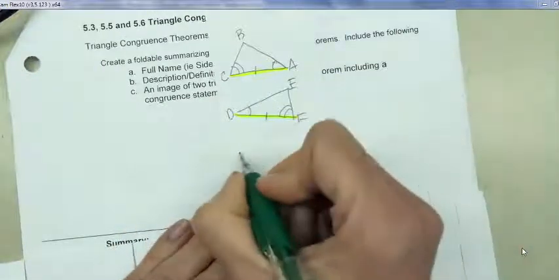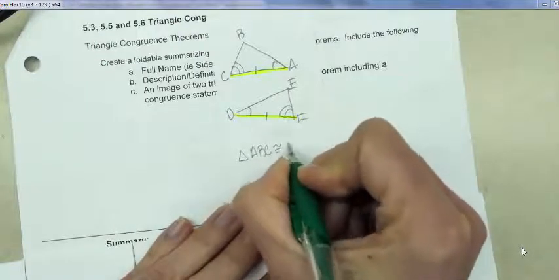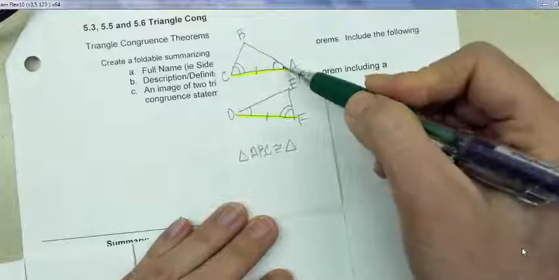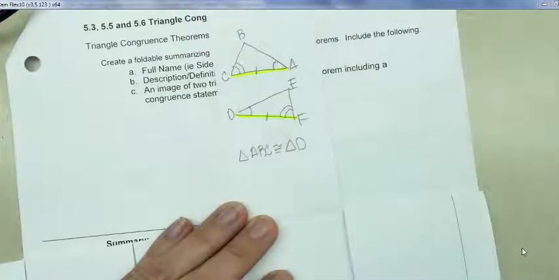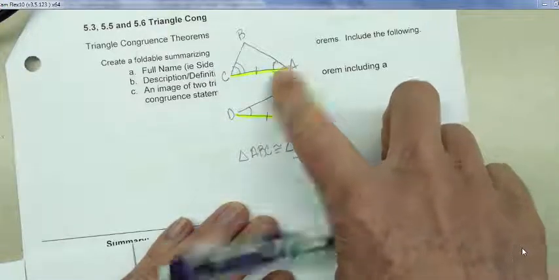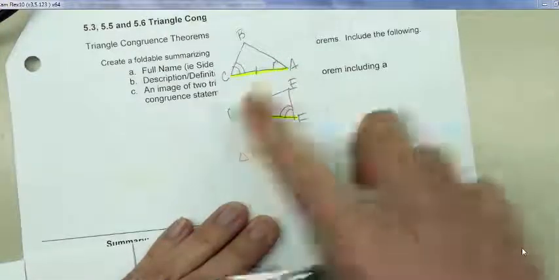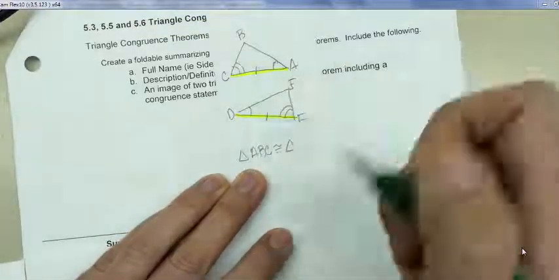So here I can then say, well, triangle ABC is congruent to triangle, well, let's see. A is corresponding to D. And then B, well, see how B is not congruent to anything else, so B and E go together.